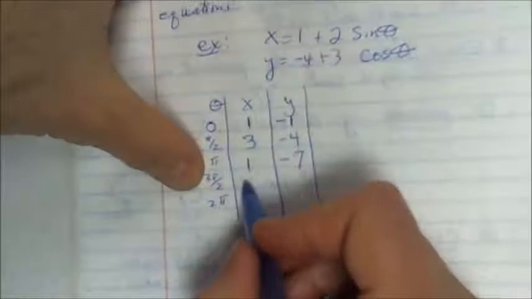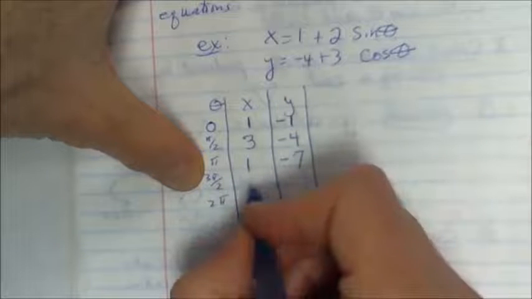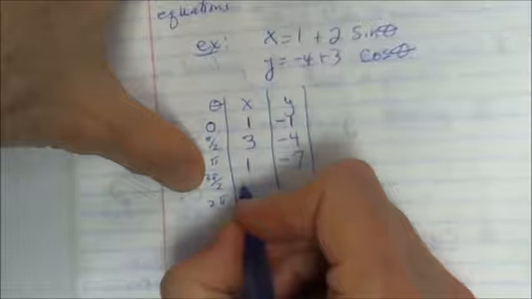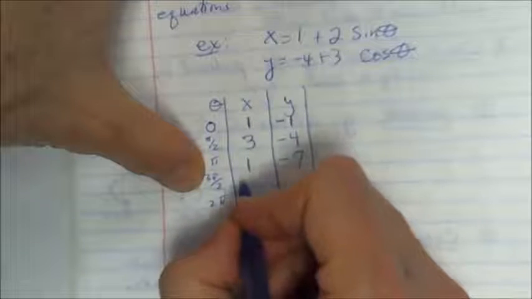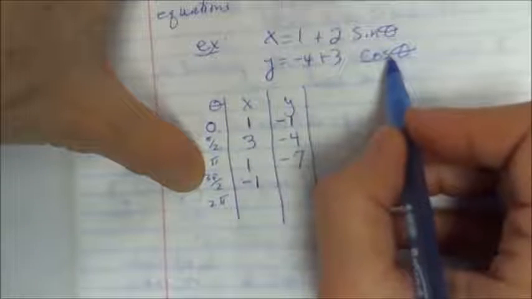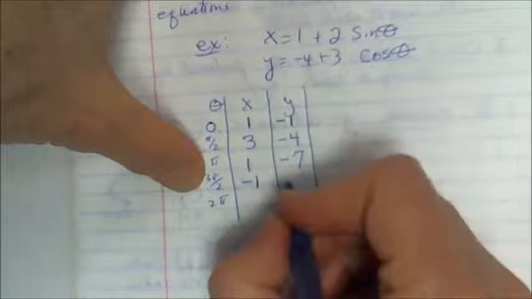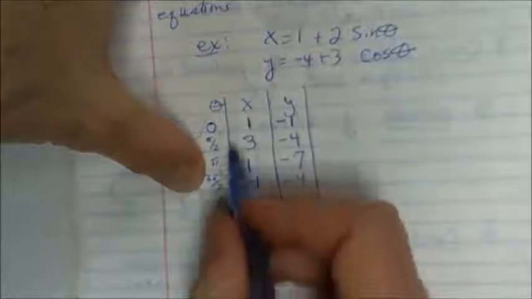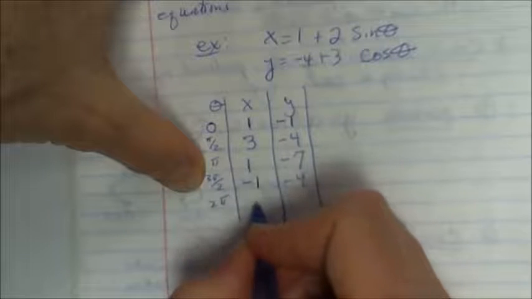Sine of 3 pi over 2 is negative 1, and 1 minus 2 is equal to negative 1. And then cosine of 3 pi over 2 is 0, so negative 4 plus 0 is negative 4. And then the 2 pi has the same coordinates as 0, so that goes back to 1, negative 1.